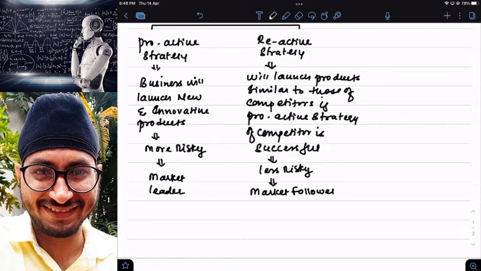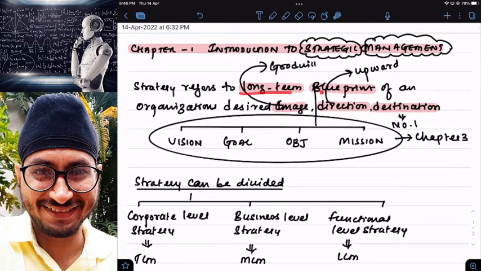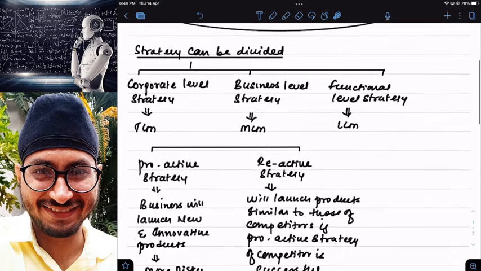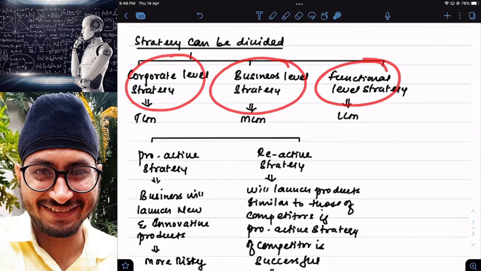Clear? Understood what is strategy? So what is strategy, sir? It's a long-term blueprint of an organization's desired image, direction, destination. In simple words, it's a plan prepared by management to be successful in the market. And the strategy we can divide into how many types? Three types: corporate level, business level, functional level.